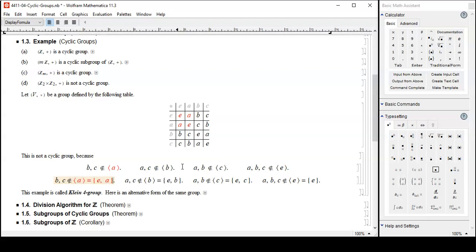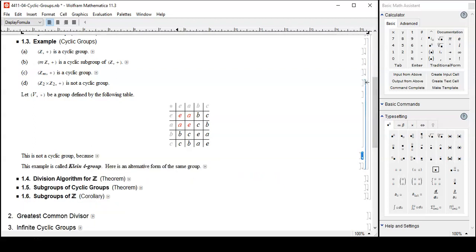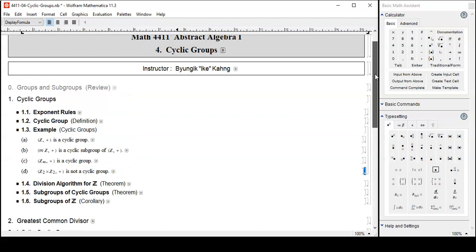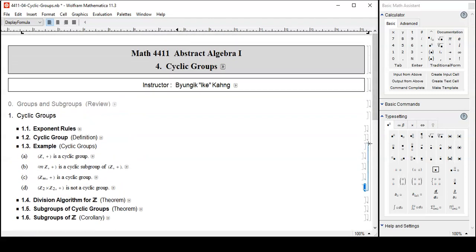So A does not generate everything. And you can check the others the same way. Consequence? Klein's 4 group is not a cyclic group.